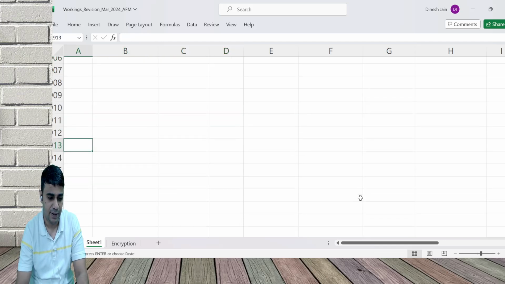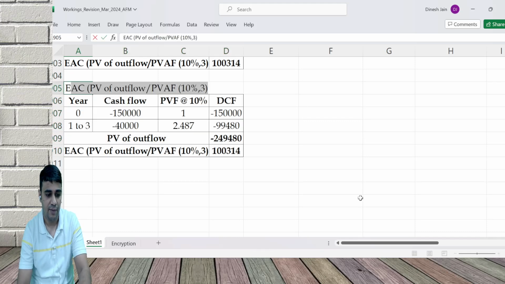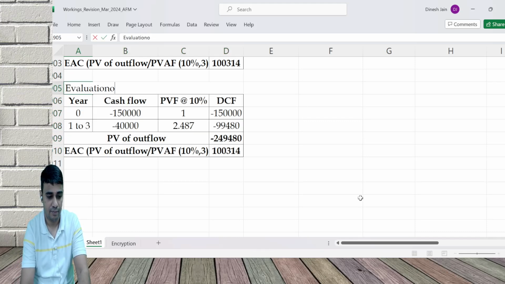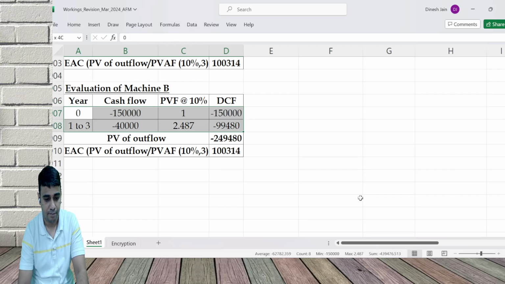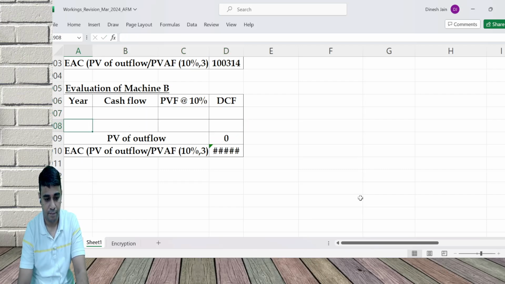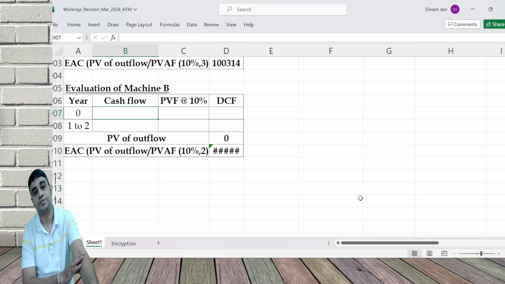Then comes machine B, same table. Evaluation of machine B. How many years is the life? 1 to 2.